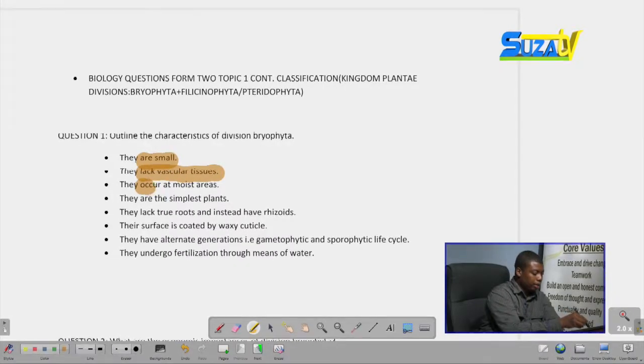Another one is that they occur in moist areas. Due to their small size and their lack of vascular organs or vascular tissues, members of division Bryophyta also need to stay in moist areas in order for reproduction to take place.